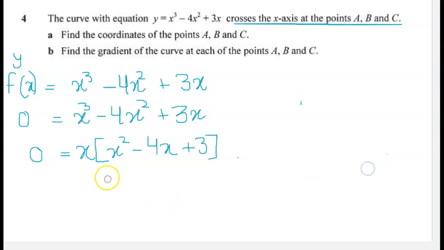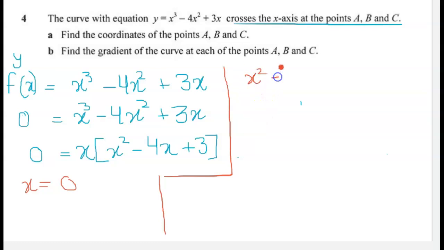That can only be true if x equals 0, which means this part equals 0, or the second part, x squared minus 4x plus 3, equals 0. So there are the two. I got the one point, x equals 0.